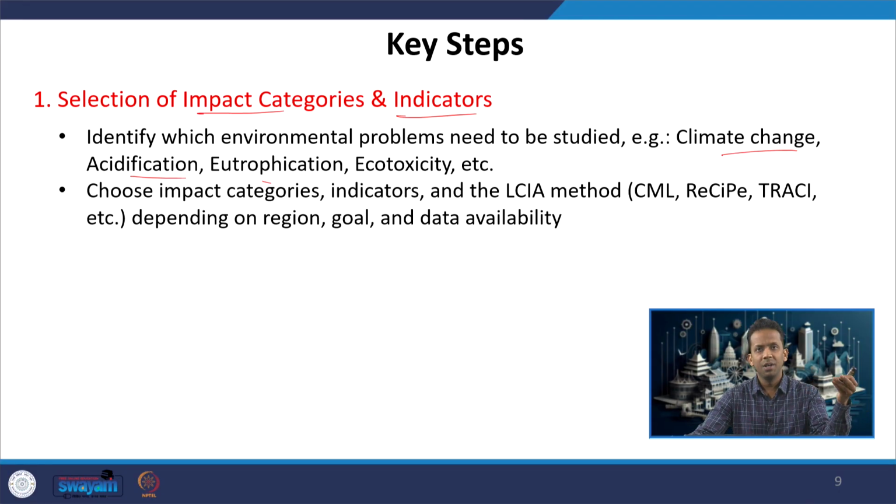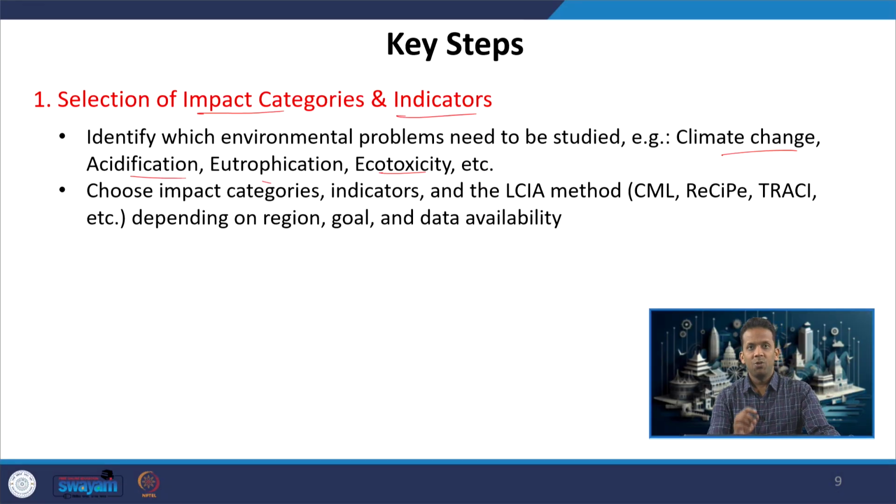If it is a rice mill or farming or agricultural activity, something related to toxicity, soil, land use, and human toxicity because of use of pesticides would be the important parameters more than climate change or global warming potential.